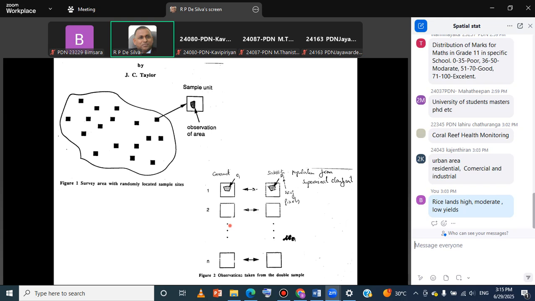You do a sample survey, and from the sample you expand, because as a surveyor you cannot cover the entire area. So you cover only 2% of the area as a sample, and then expand it to the entire area. This is called direct expansion. In that method, there may be issues with accuracy because you only look at 2% of the area.